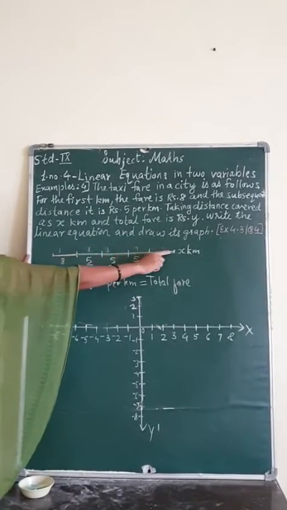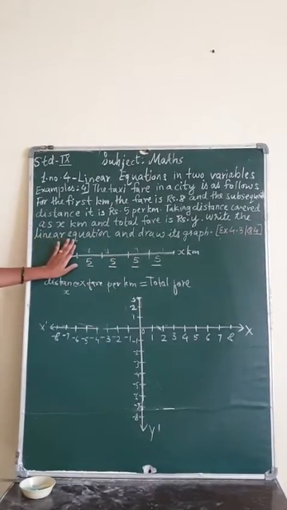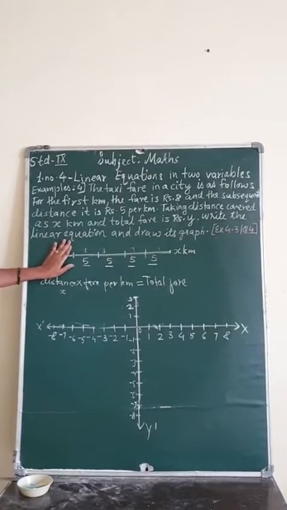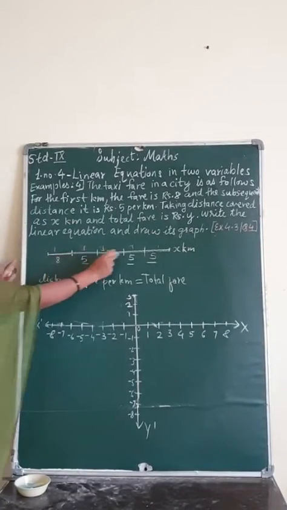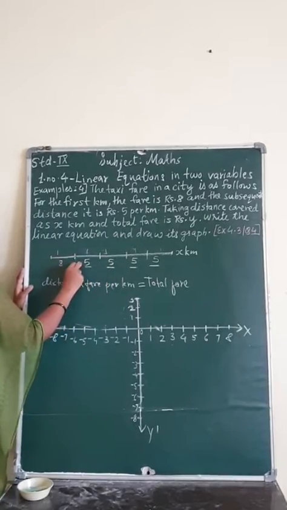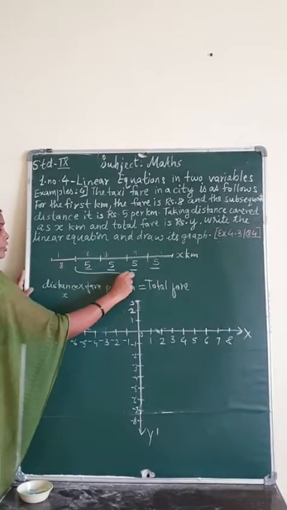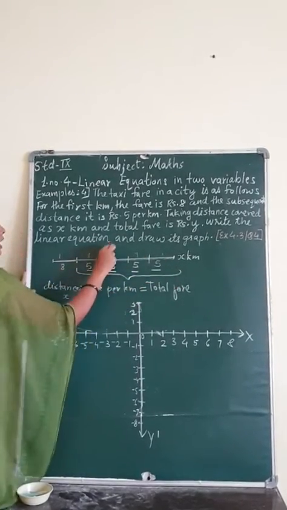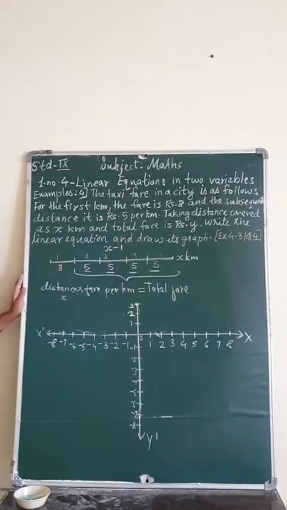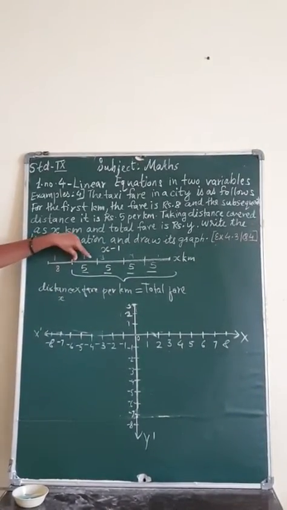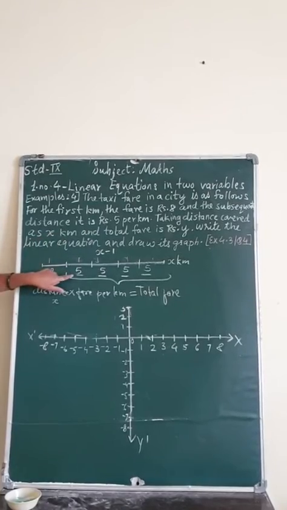Total distance is x kilometers. Leaving this 1 kilometer, how much distance do we have? For the remaining distance we have x minus 1. And what is the uniform fare for each kilometer? That is 5.